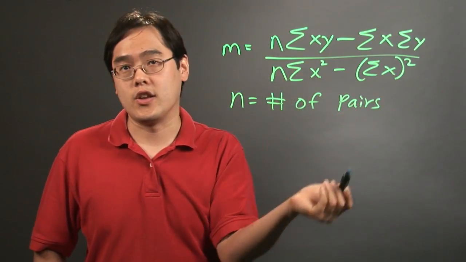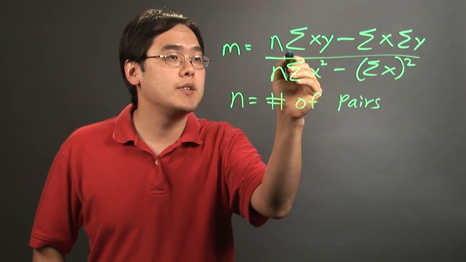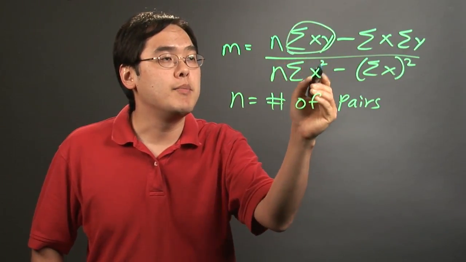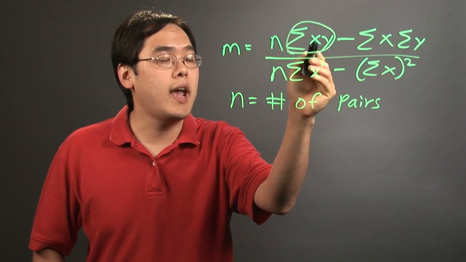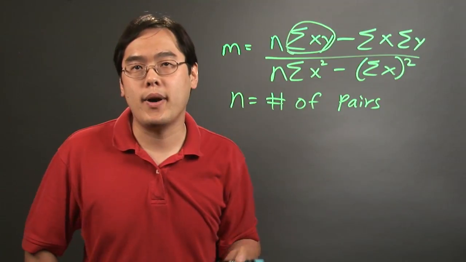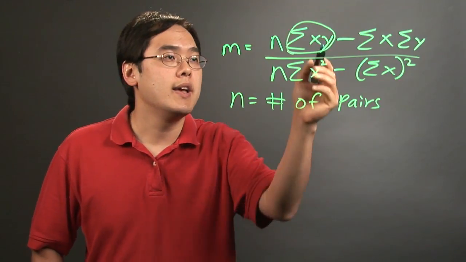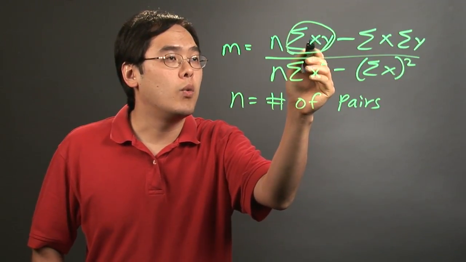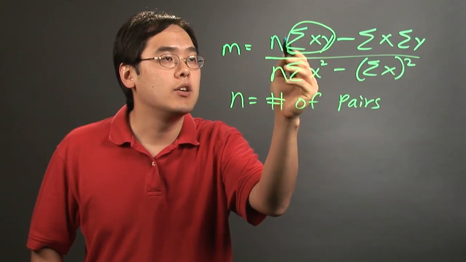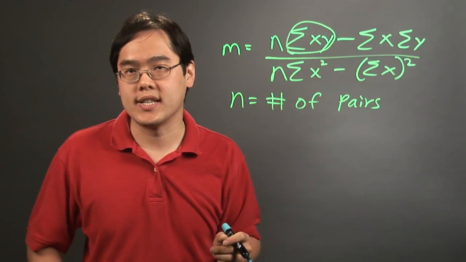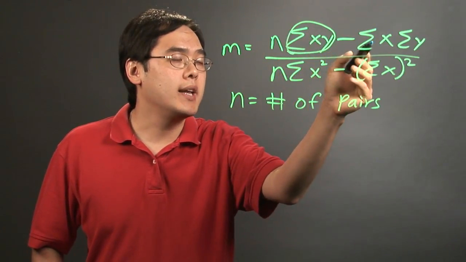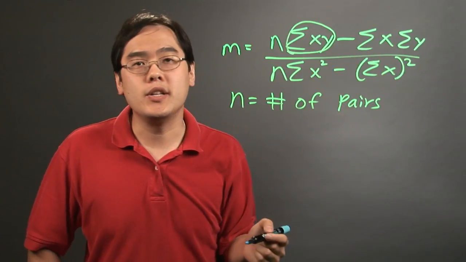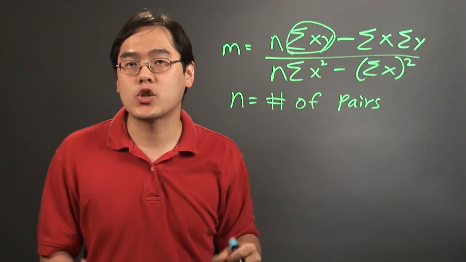Now, given that you have xy coordinates, this sum of xy means that you're going to take every x coordinate and multiply by the corresponding y coordinate, and then once you do all that, you're going to add all the xy products together. Now, minus the sum of x means you want to add all the x coordinates together.